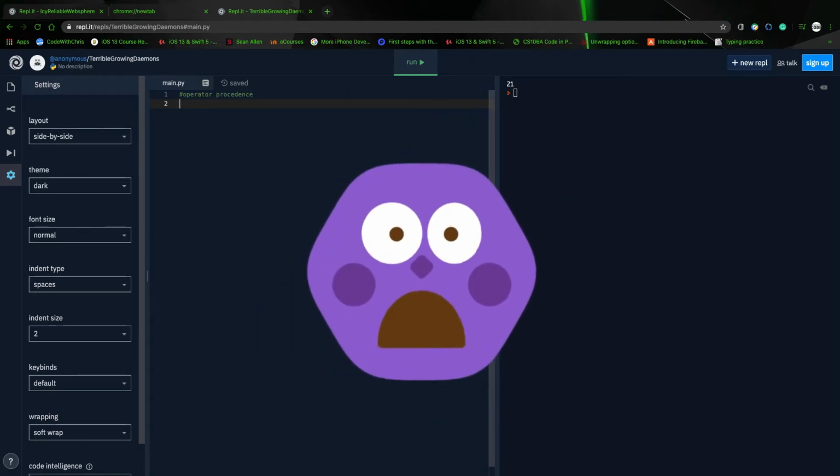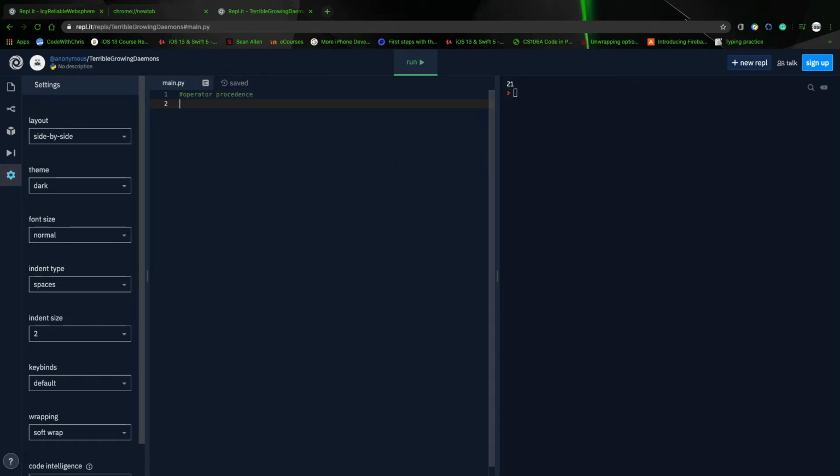So it's very important to know what you're working with and how Python reads things when you're doing big math. In this one, we're going to look at how Python handles operator precedence. Operator precedence is basically just the order in which things go.